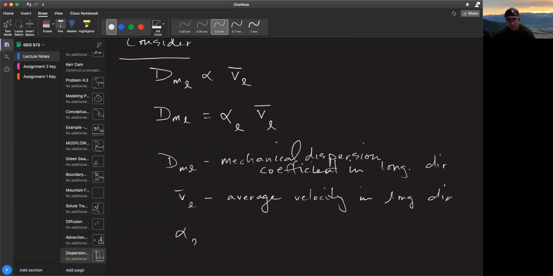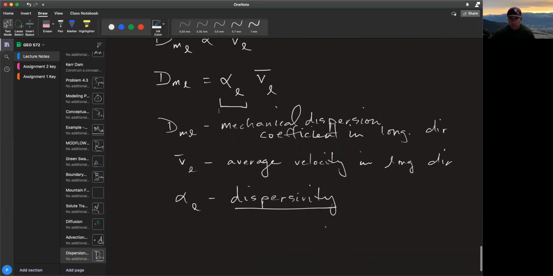And alpha L is the dispersivity. The dispersivity here is this alpha L guy.